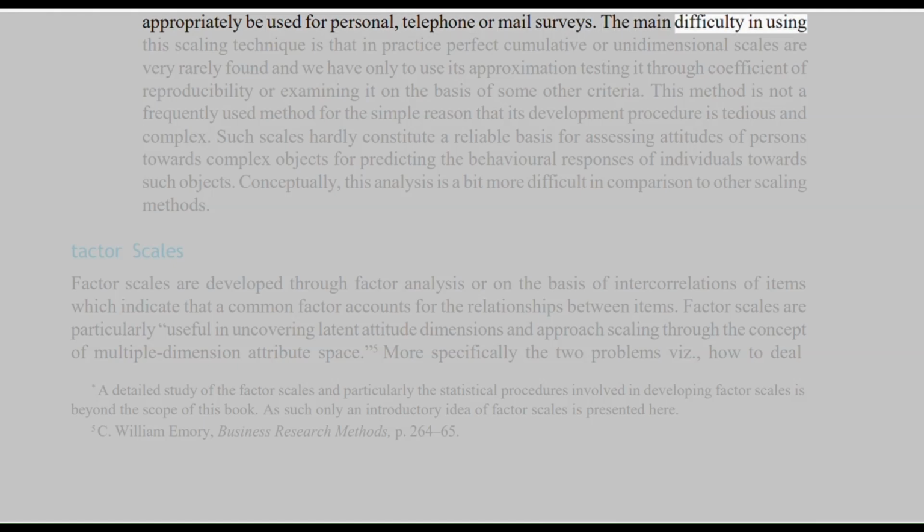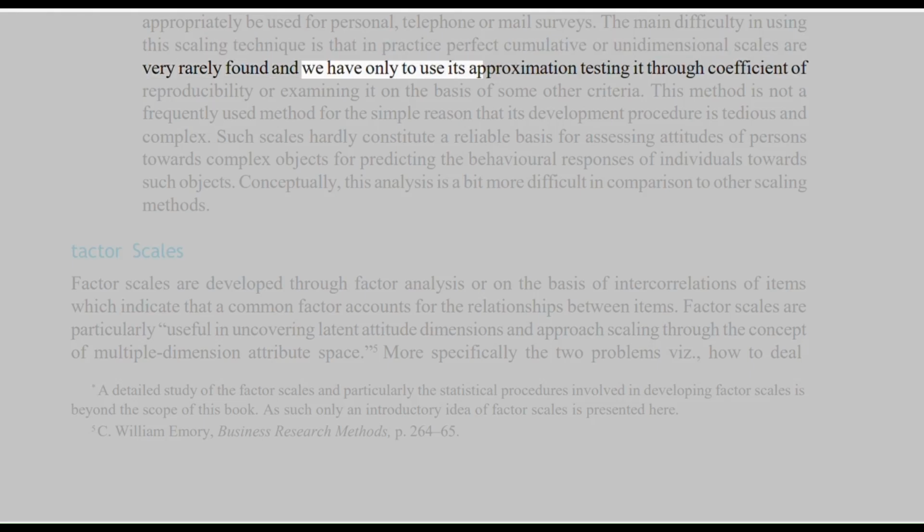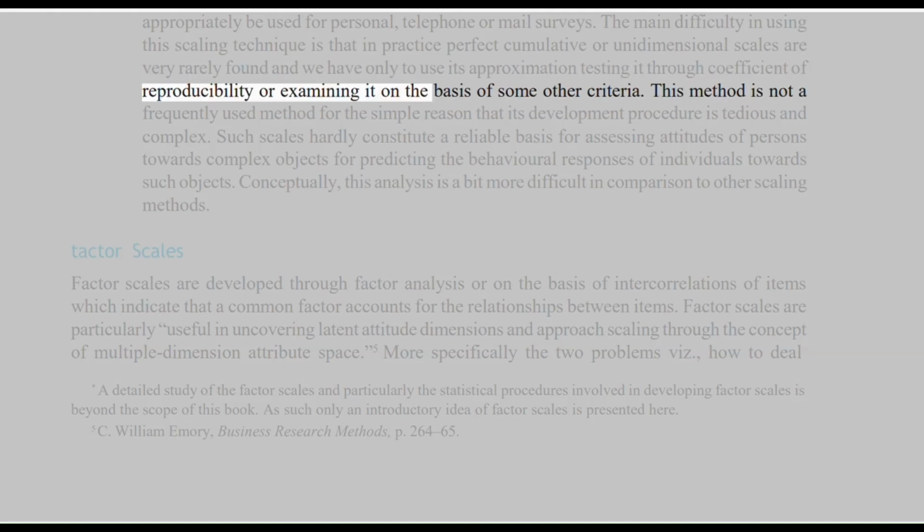The main difficulty in using this scaling technique is that in practice perfect cumulative or unidimensional scales are very rarely found, and we have only to use its approximation, testing it through the coefficient of reproducibility or examining it on the basis of some other criteria.